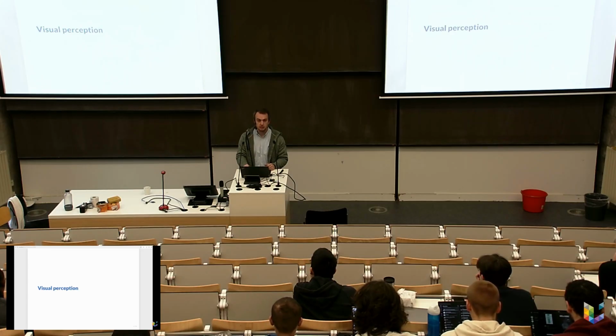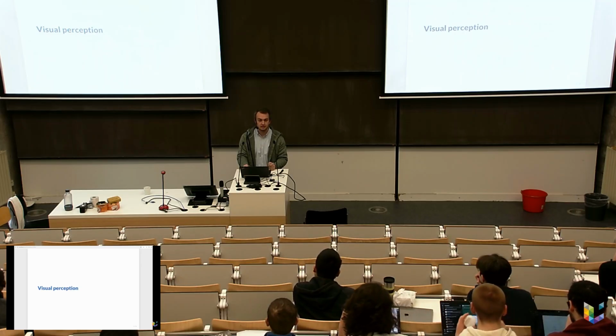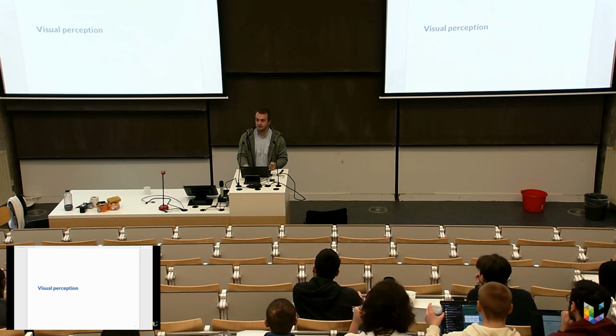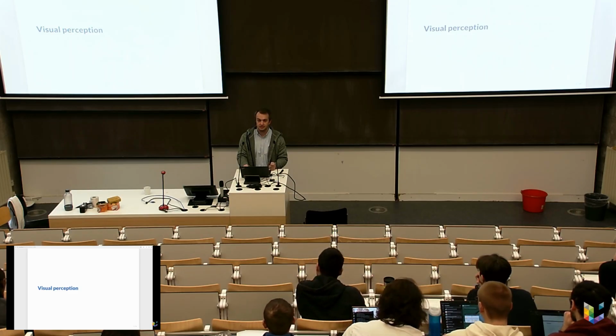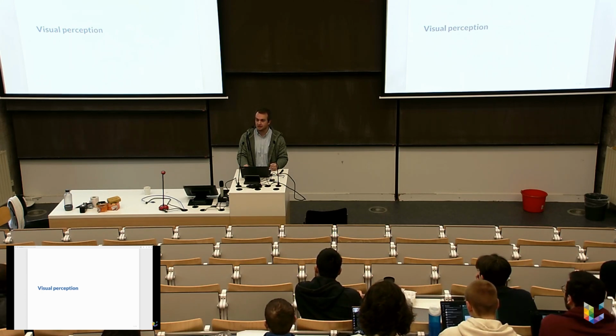All right. So I don't know if any of you know, how do we actually see? What do you know yourself about the biology of vision? Okay, you use light to see.